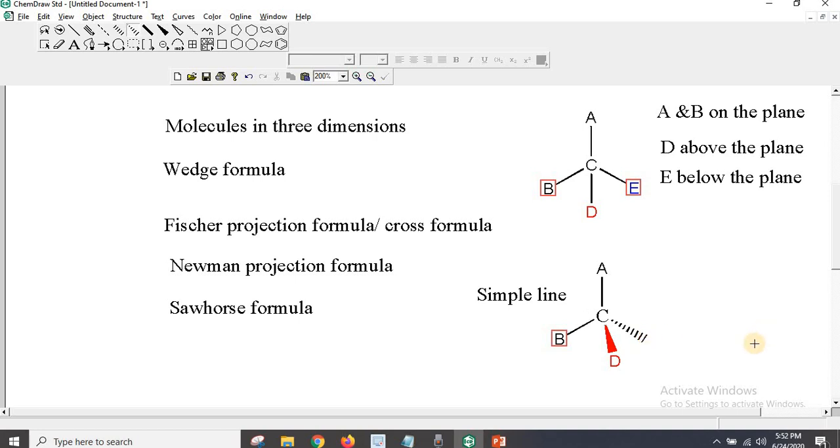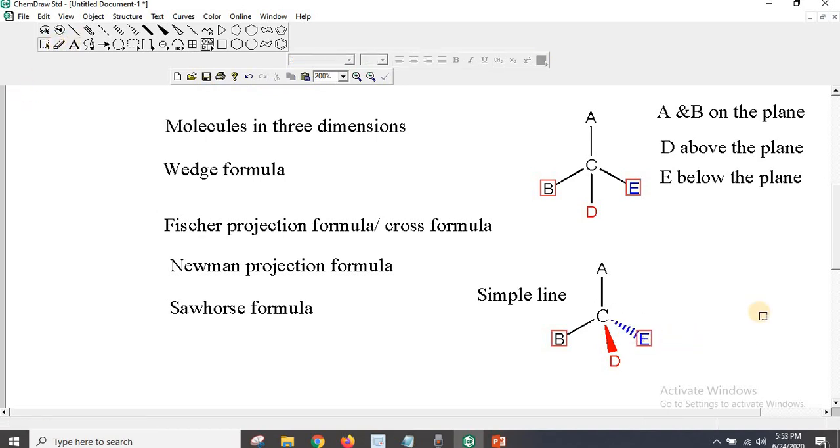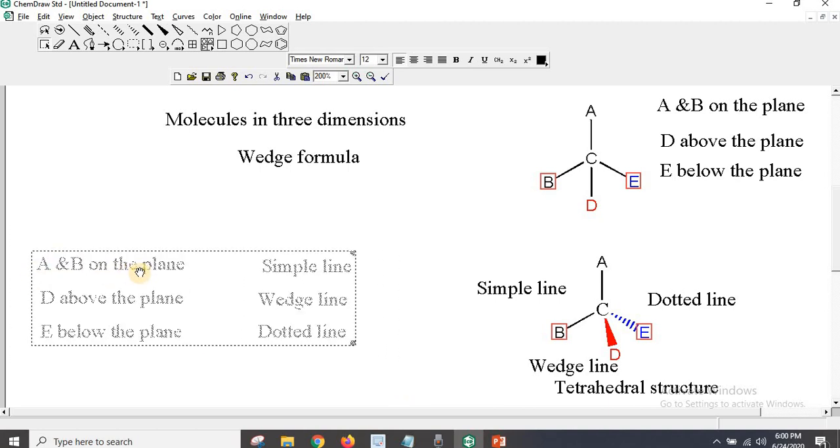That can be given by dotted lines. So here it is E, and if I show it in color, this is the color. Understand? So this is the simplified formula: A and B on the plane are given by a simple line. D above the plane is given by a wedge line. E below the plane is given by a dotted line.